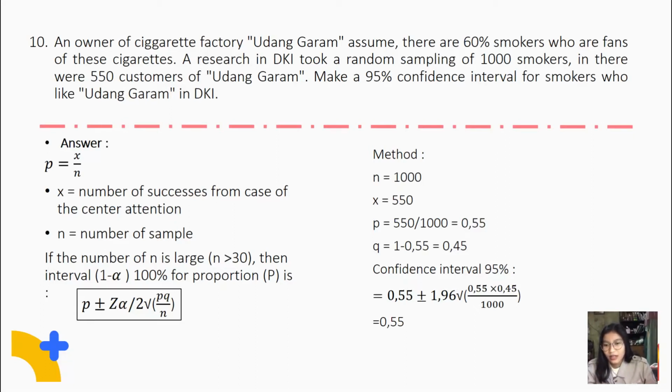Confidence interval 95% is 0.55 plus or minus 1.96 square root of 0.55 times 0.45 over 1000.